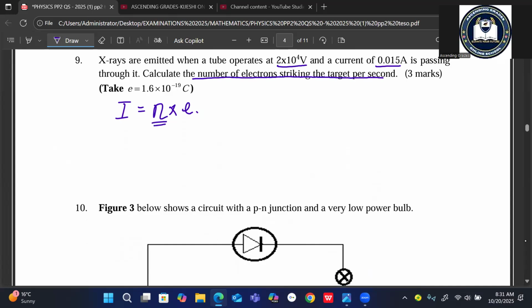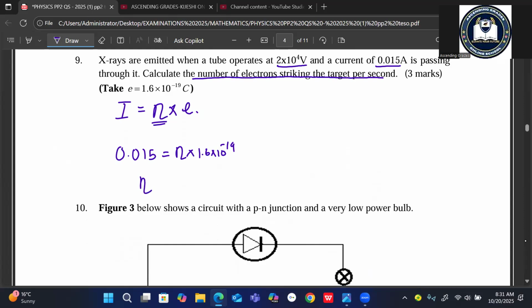So 0.015 amperes equals the number of electrons times the electron charge of 1.6 times 10 raised to the power negative 19.